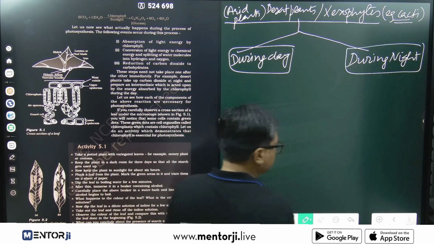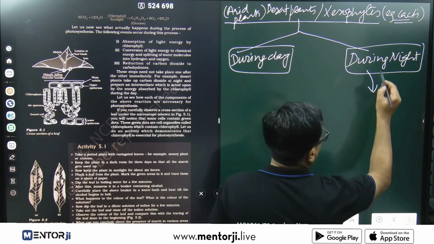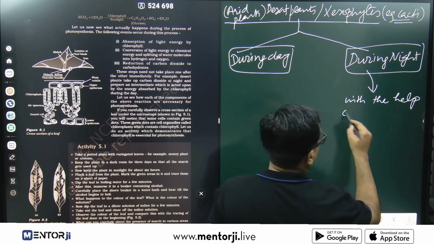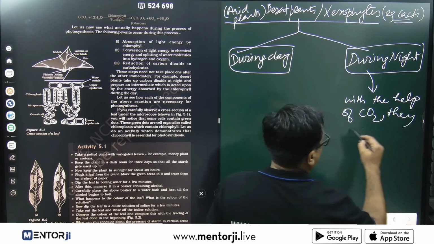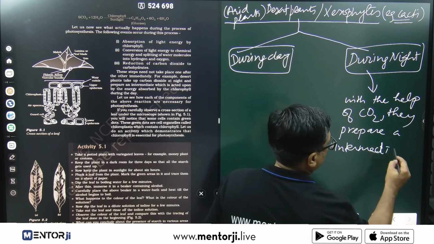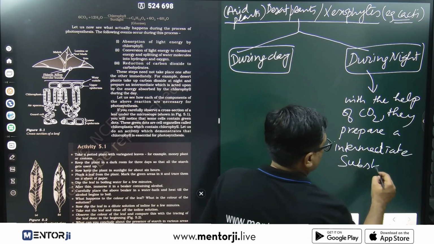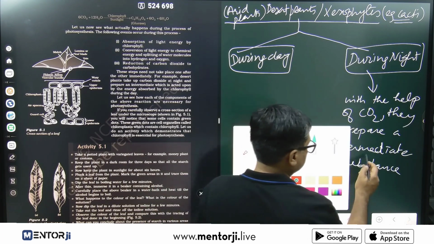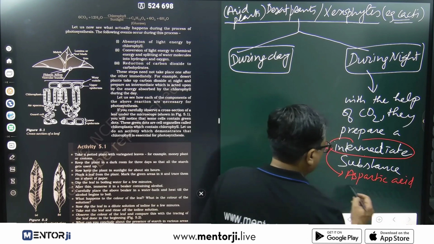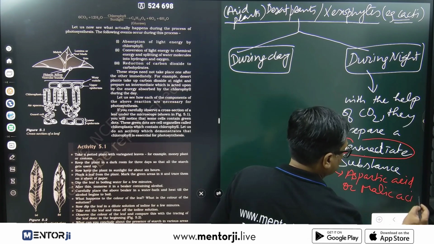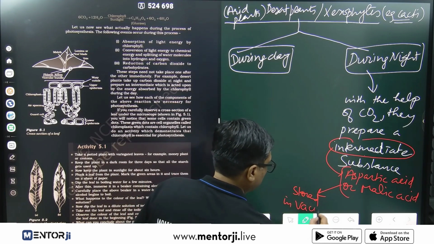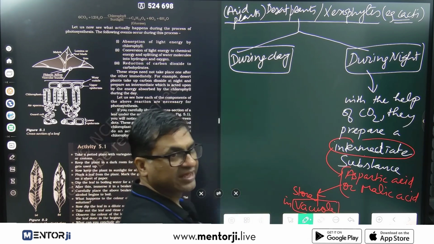लेट्स फोकस ऑन दैट. During night, with the help of CO2, they prepare an intermediate substance, and that substance is nothing but aspartic acid or malic acid, and this is stored in vacuole. अपनी वॉक्यूल में स्टोर कर लेते हैं रात को ये.